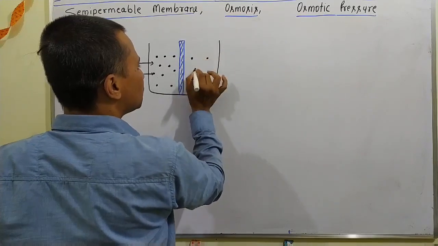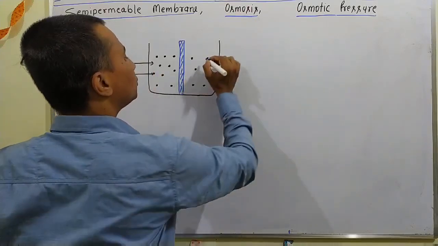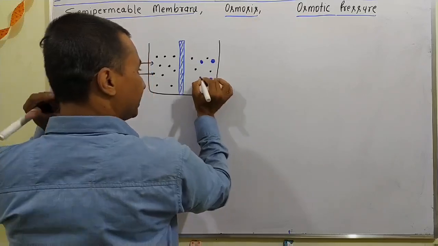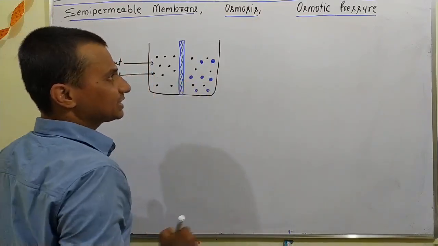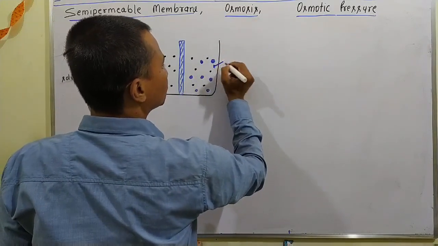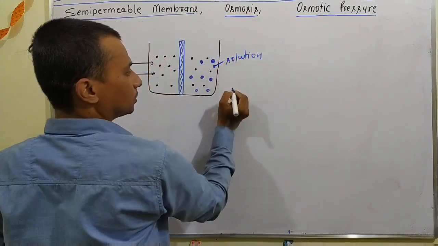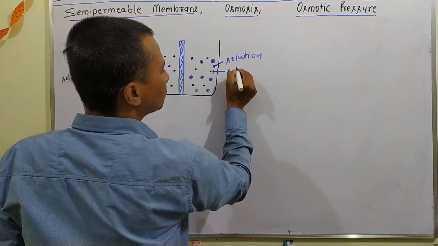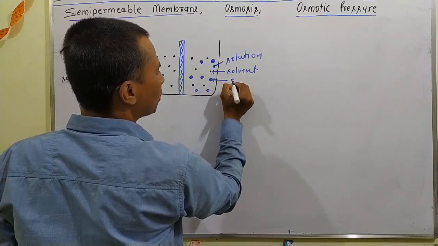Solution means solvent plus solute molecules also present here. Solvent and solute, both types of things are present here. This is your solution. This is your solvent and this is your solute.